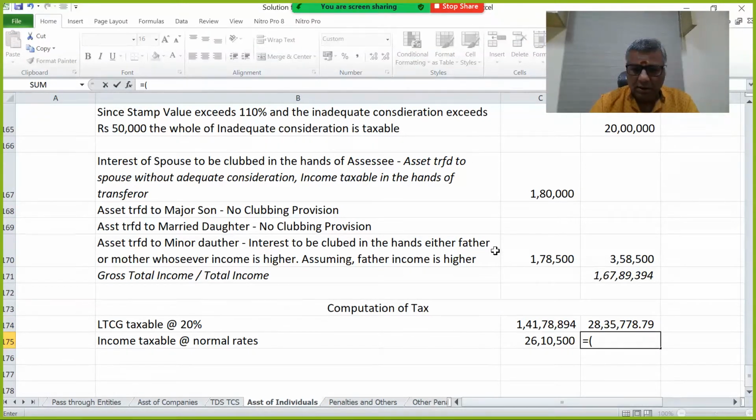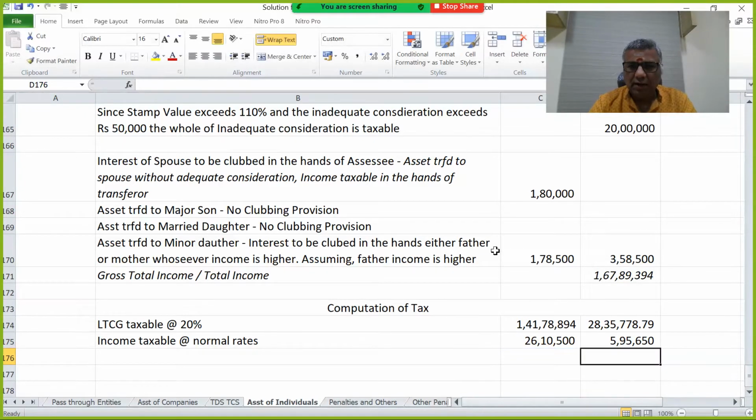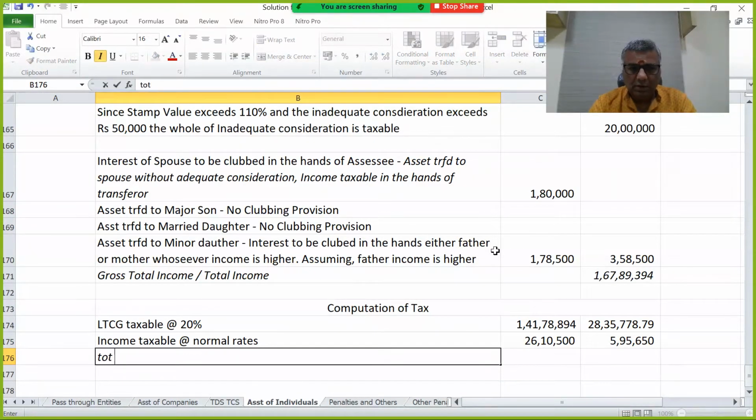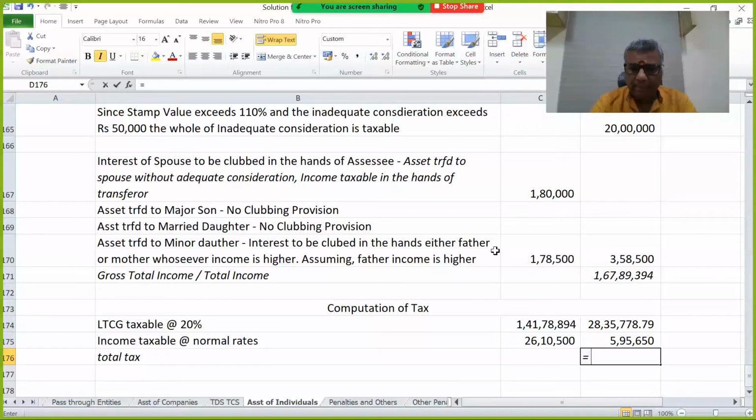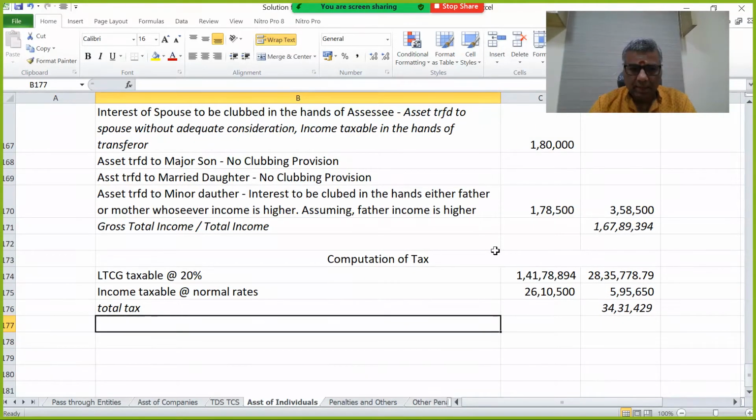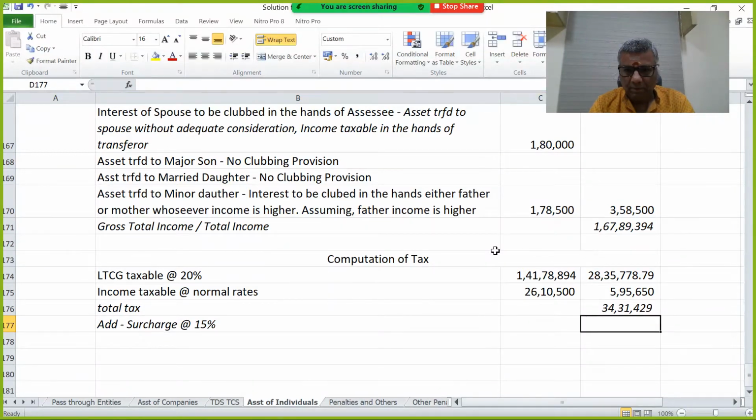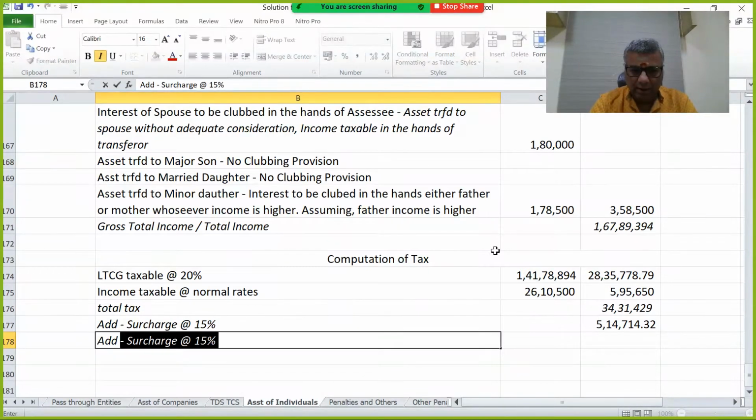This is taxable minus 10 lakhs into 30% plus 1,12,500. Then total tax, and surcharge at 10%, surcharge at 15%, and HEC at 4%.